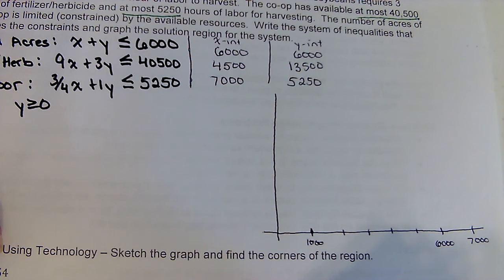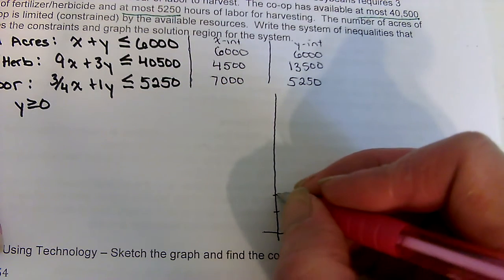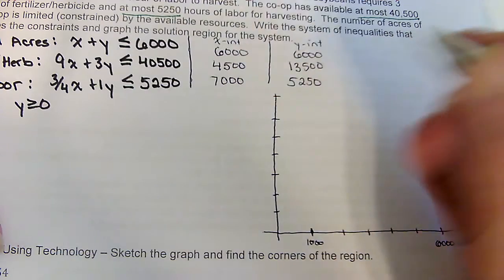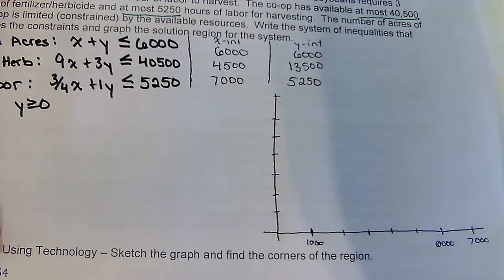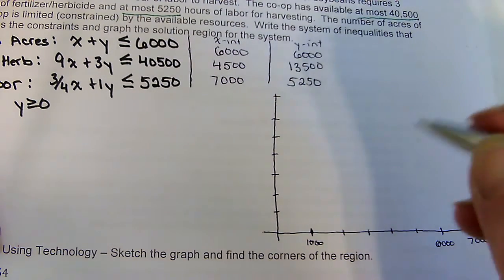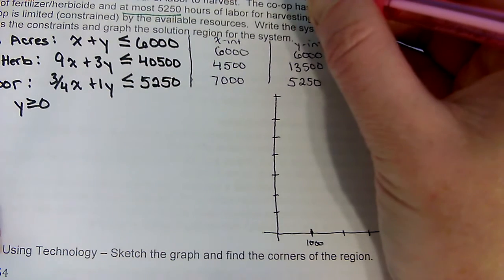That's going to be way too far up. Let's go in the same scale on this one. 1, 2, 3, 4, 5, 6, 7. That 13,000 one is going to be way up at the top of the page.